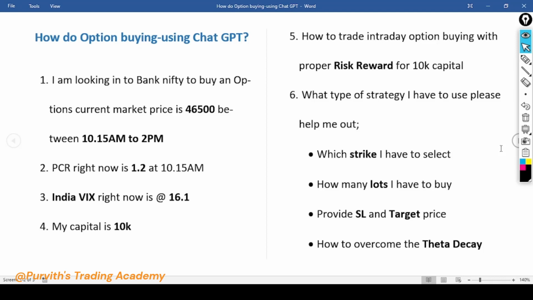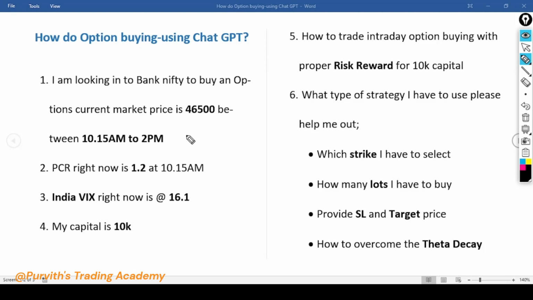Let us look into option buying using ChatGPT. Here are some more points I have shared on the screen. I am just going to ask questions to ChatGPT like this, a total of 6 questions. I hope most of you are aware of ChatGPT. It is an artificial intelligence based platform.